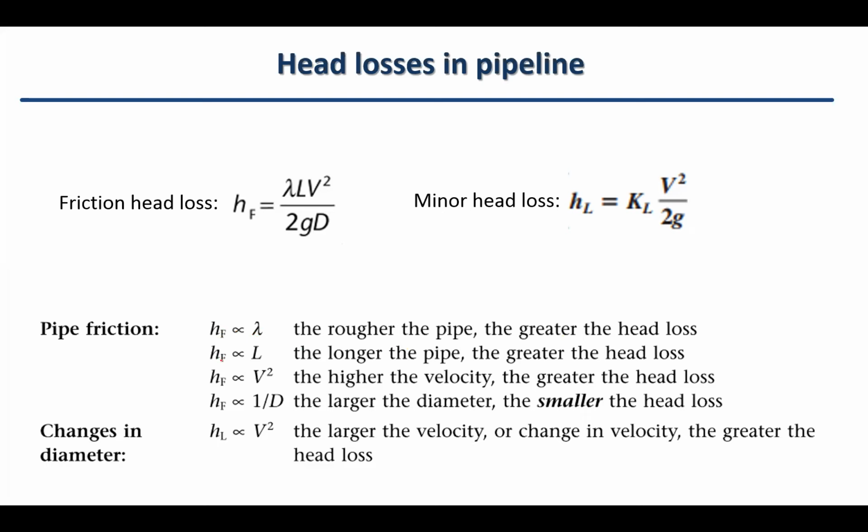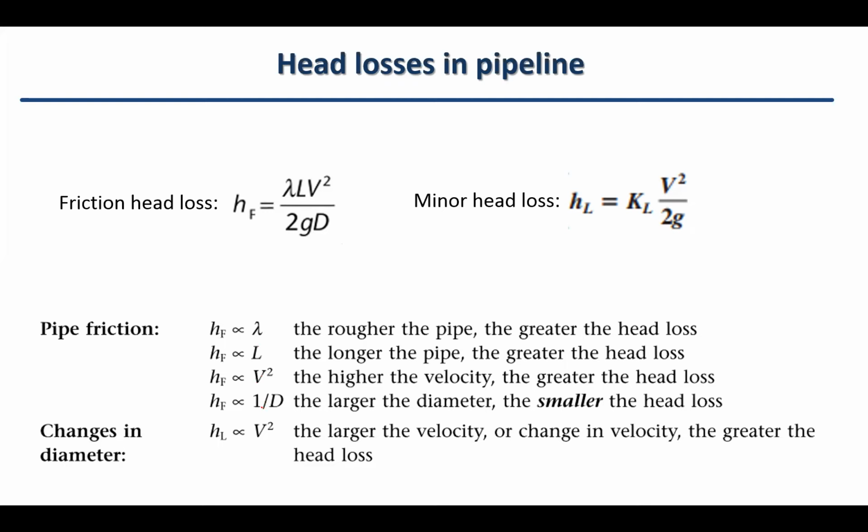Also, the relationship between L and HF is direct, so if you have a longer pipe, we will experience a greater head loss. It's the same with the velocity, which is in the order of the power 2, not exponential. So if you have a higher velocity, we will experience greater head loss, but with the order of 2.